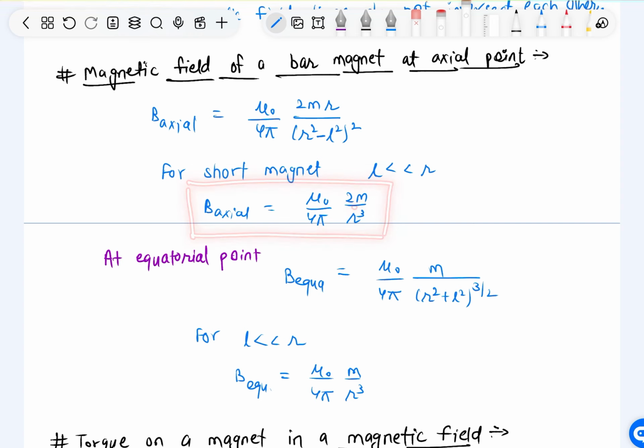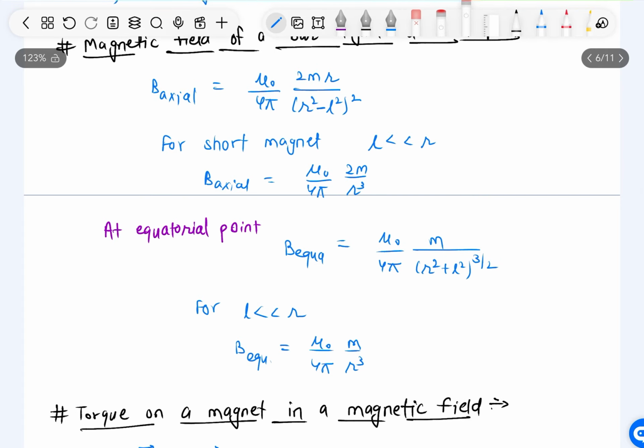Then r is cut from r and we will get B axial equal to mu naught upon 4 pi into 2M upon r cube. And at the equatorial point, B equal to mu naught upon 4 pi, M upon (r square plus l square) power 3 by 2. Here for the axial point, we get (r square minus l square) power 2, and for the equatorial point, we get (r square plus l square) power 3 by 2. For a short magnet, l is very, very less than r, so we neglect l square and we get mu naught upon 4 pi, M upon r cube.